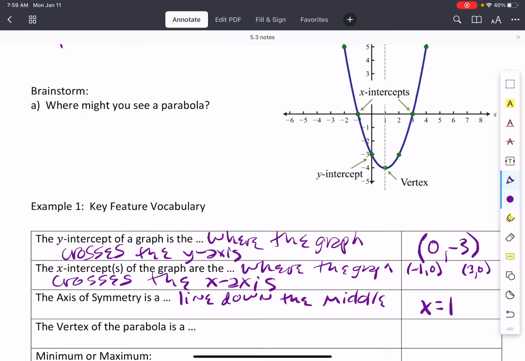Okay. The vertex of a parabola is a point where the graph turns. Take a second with your neighbors and see if you can decide what the vertex of this one is.